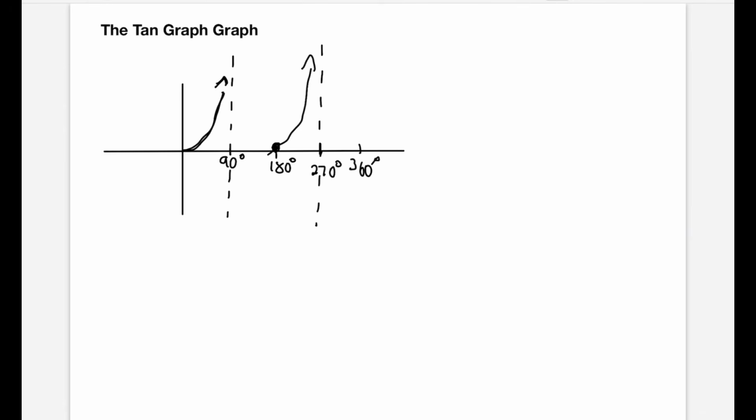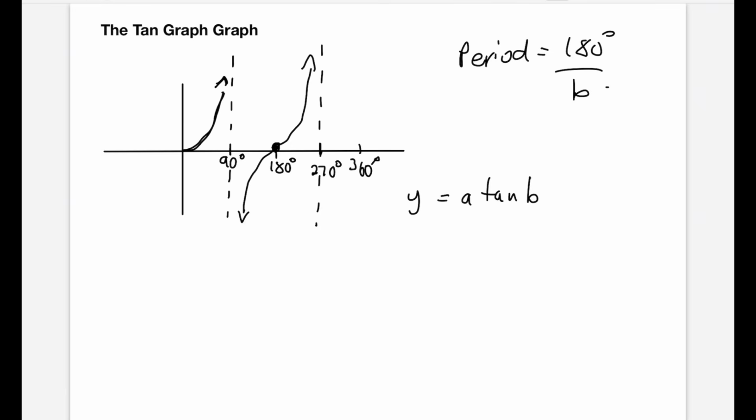So at 180, it's repeating itself. It just so also happens to have another flap there. This means that the period of a tan graph is 180 over b instead of 360 over b. Y is always equal to a tan of b into x minus p plus q.